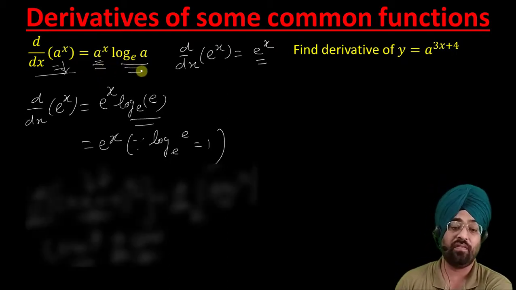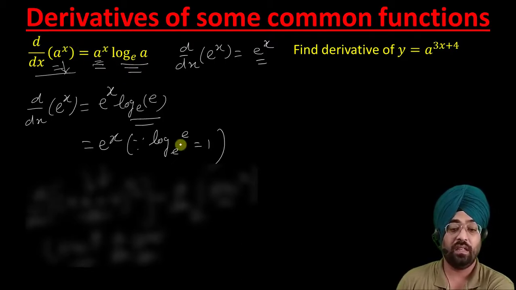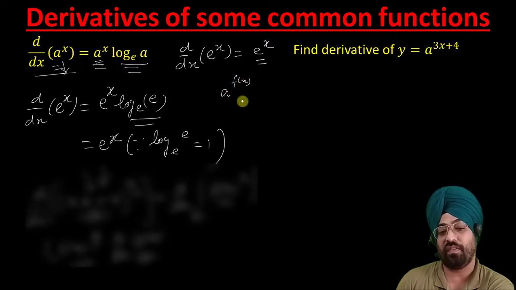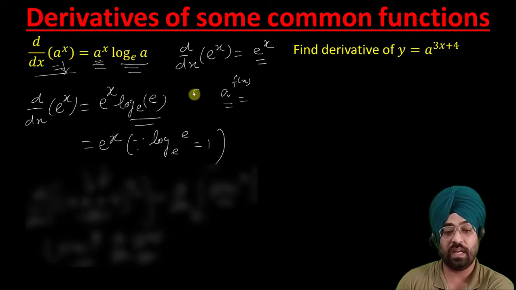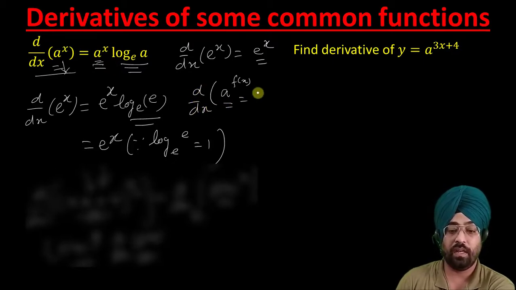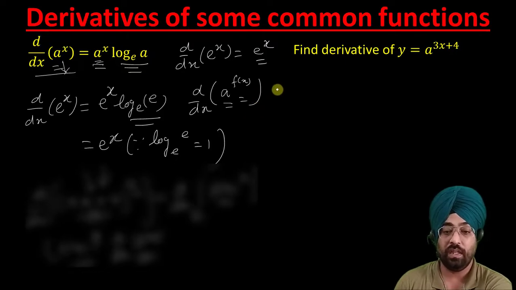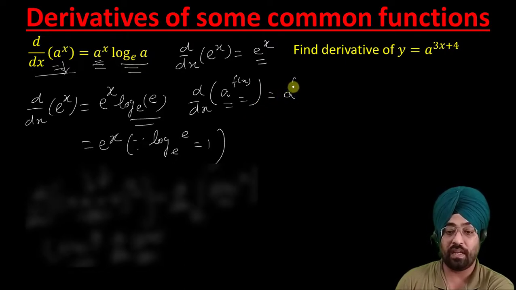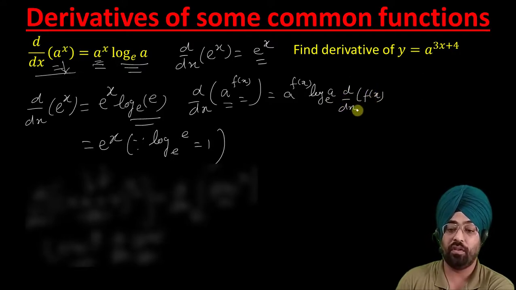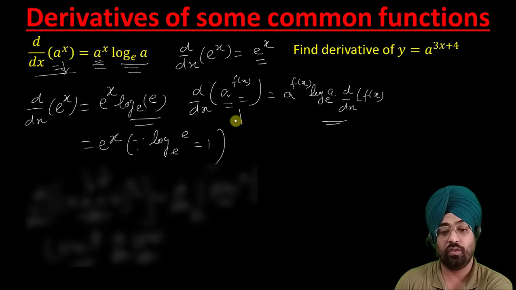Now if instead of x some f(x) is given, suppose we have a raised to the power f(x), then its derivative dy by dx becomes a raised to the power f(x) as it is, log of a with base e, then the derivative of f(x). So you also have to remember this formula. That is how you do the derivative of a raised to the power f(x).